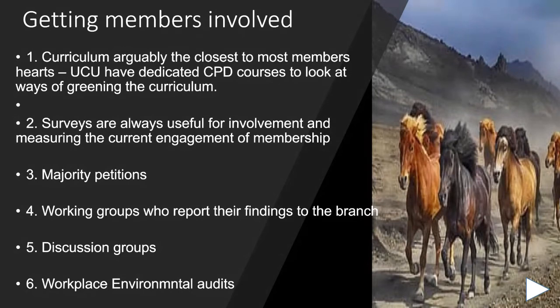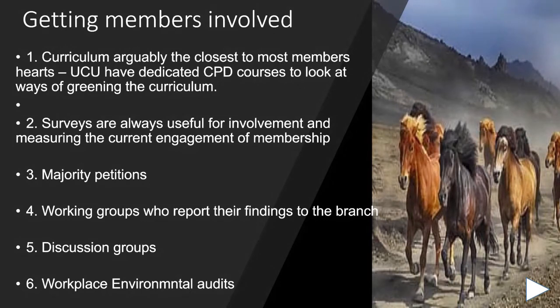And that is a really powerful way of sending a message to an employer that staff and members, because you can get non-UCU members to sign a majority petition as well, because very often that's actually a nice way of getting more people involved, and certainly more people interested in UCU. So thank you for that, because that is really, really powerful.